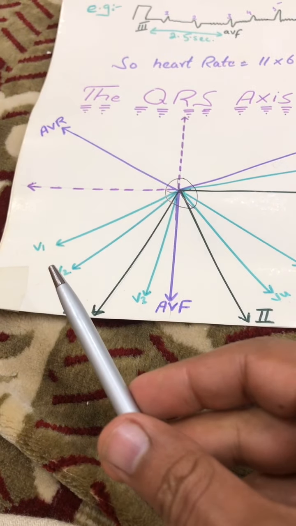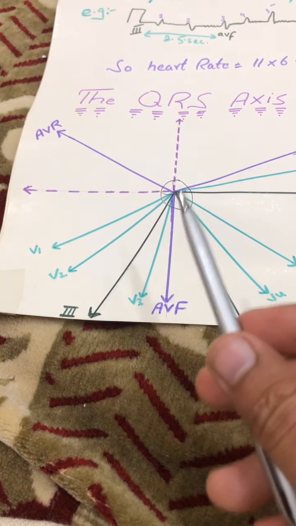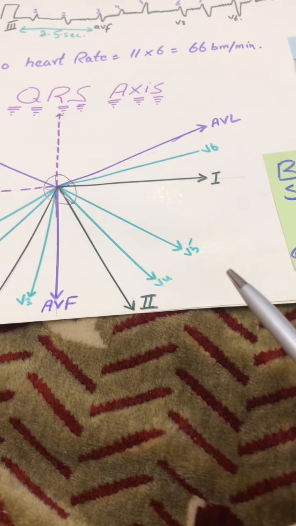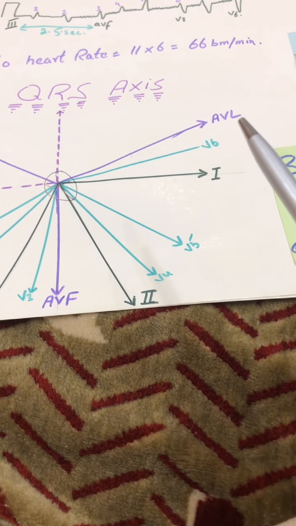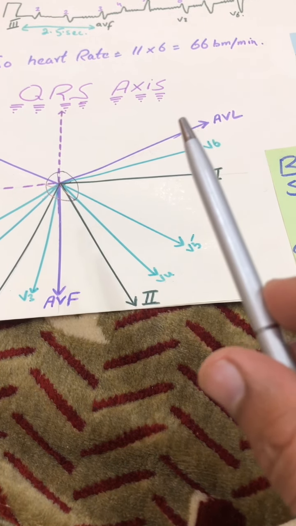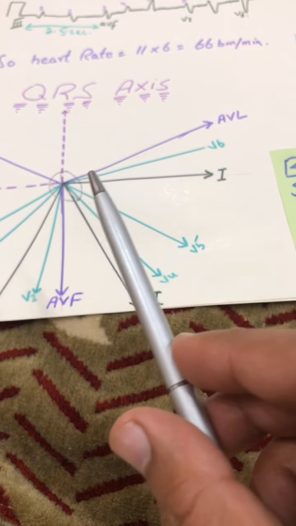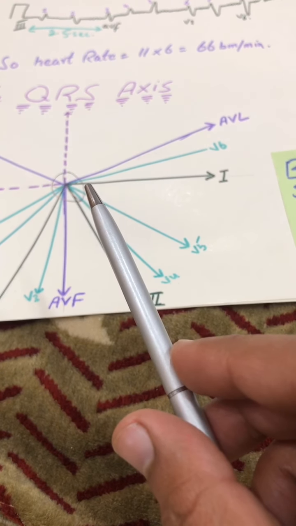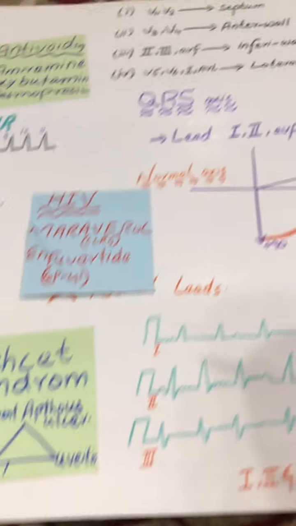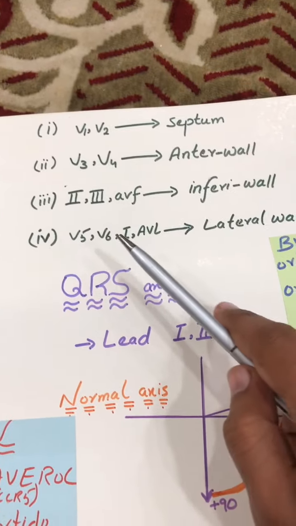Okay, V1 and V2 see the septum and atria. The remaining is V5, V6, 1 and AVL. They look at the lateral side of the heart, so they are going to see the lateral wall of the heart.